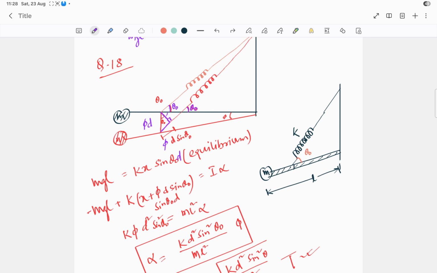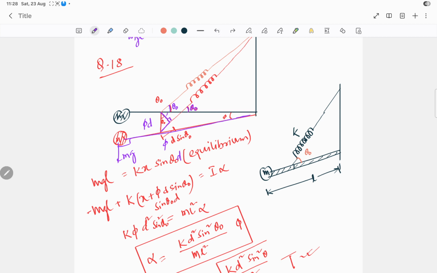Now, if you further pull it, you get an angular acceleration. If we have pulled it this way, now this is mg. I am assuming that this line is perpendicular to this one, because the angle of deflection is very, very small.